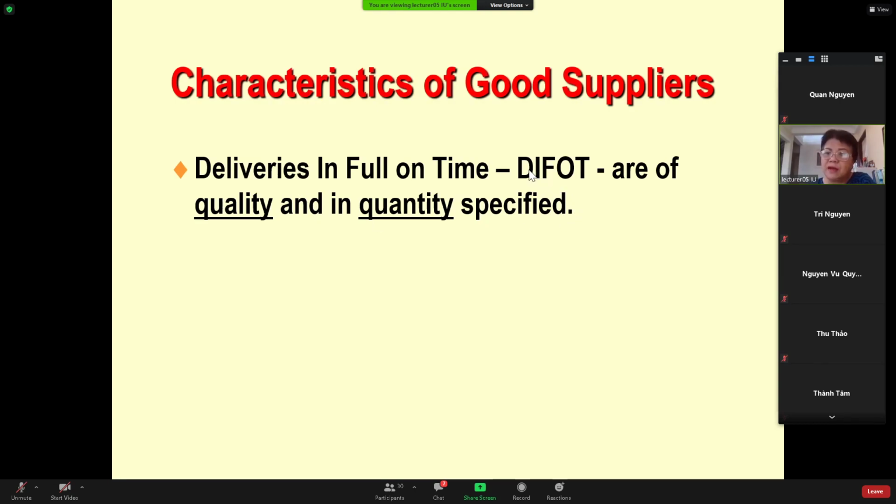DIFOT stands for delivery in full on time. DIFOT is a characteristic of a good supplier. If a supplier can deliver your request in full, meaning they have completed the request, and on time, which is important, they have to deliver it on time. And delivery in full on time means good quality and in the quantity specified, in the quantity you requested.